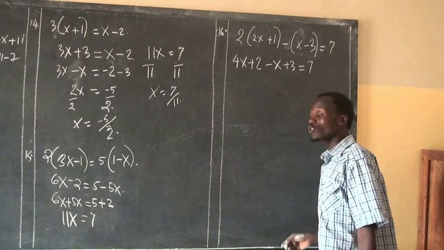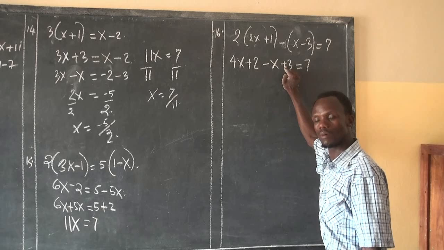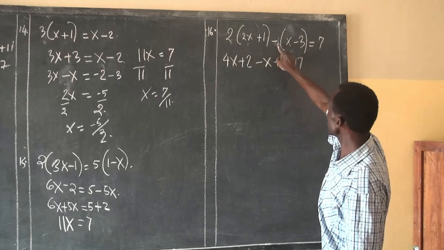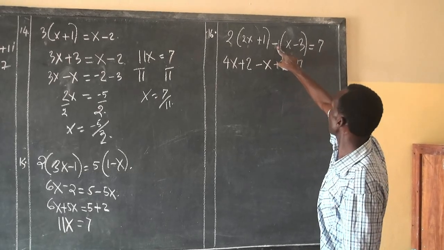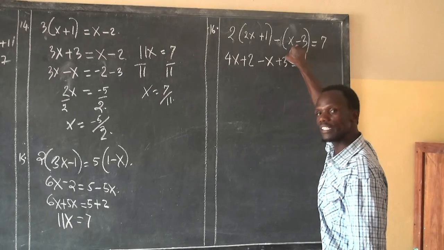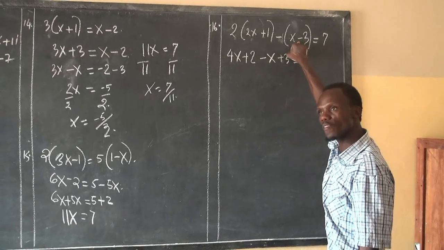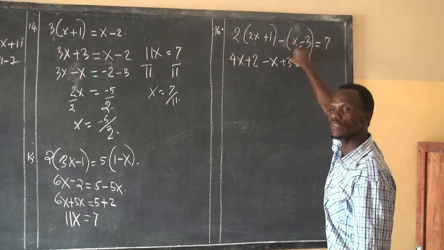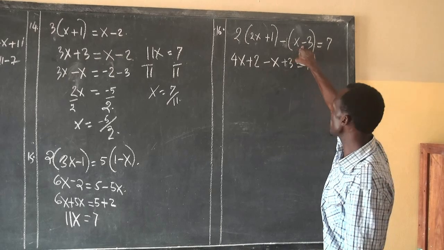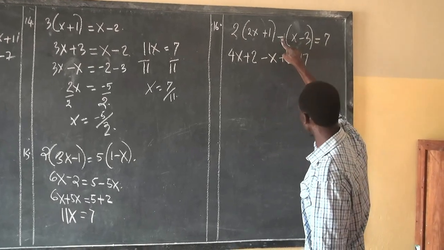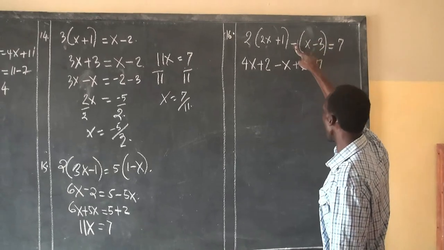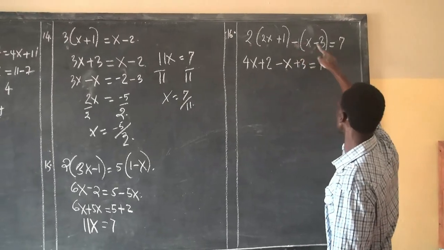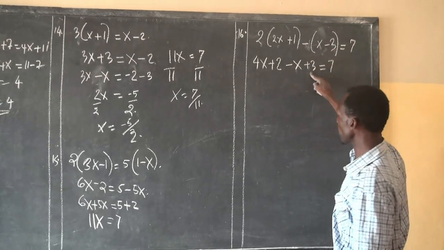If you have not written positive here, you won't get the correct answer, because this negative always affects the numbers found in the bracket, by following the principle that negative times negative is positive, and positive times negative is negative. That's why I've said negative 1 times x is negative x, and negative 1 times negative 3 is positive 3.